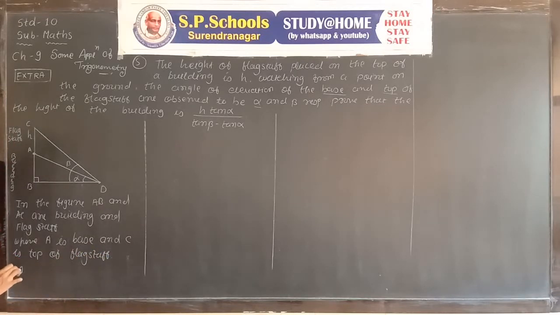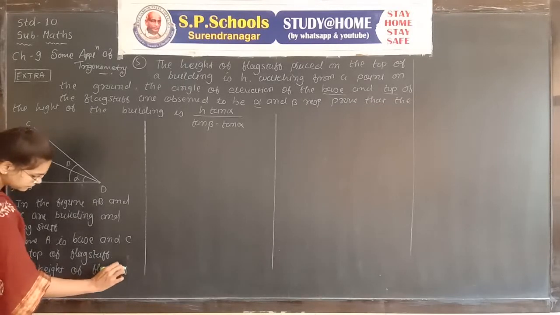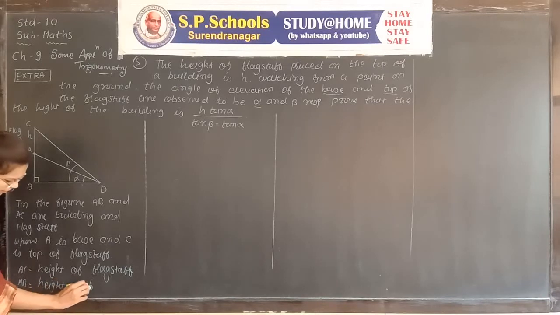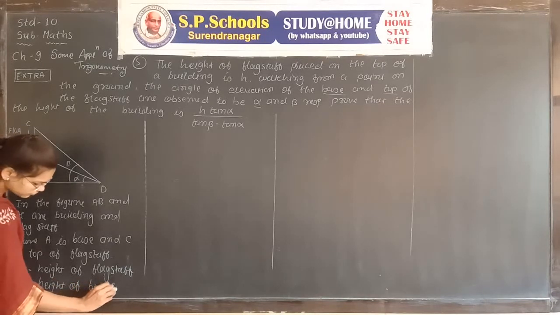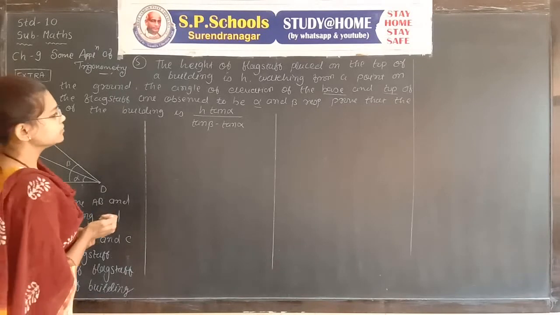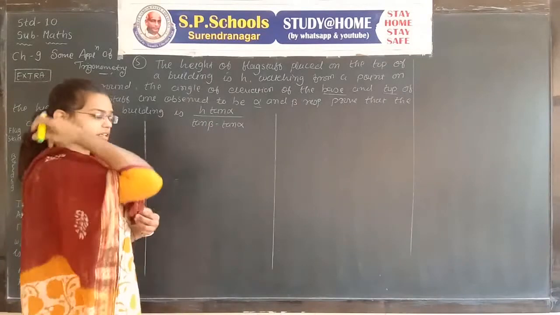AC is equal to height of flagstaff and AB is equal to, we need to prove that AB is equal to height of building. We need to prove that height of building is h tan alpha upon tan beta minus tan alpha.